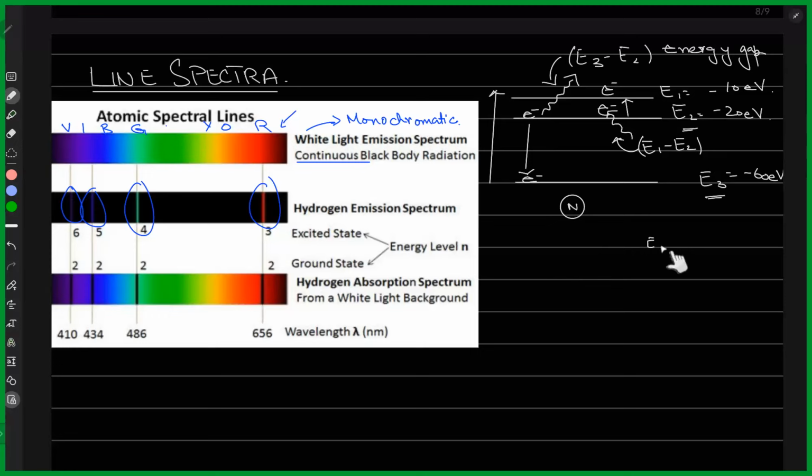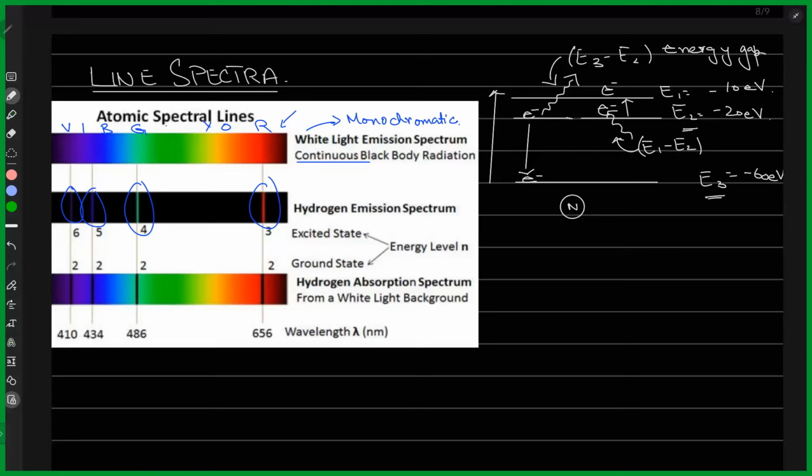Okay, so suppose that let's draw one electron over here, and let's show that from E2 to E3, right? Omar, you were asking from E2 to E3. Yes, sir. Okay, we already have that drawn over here, right?